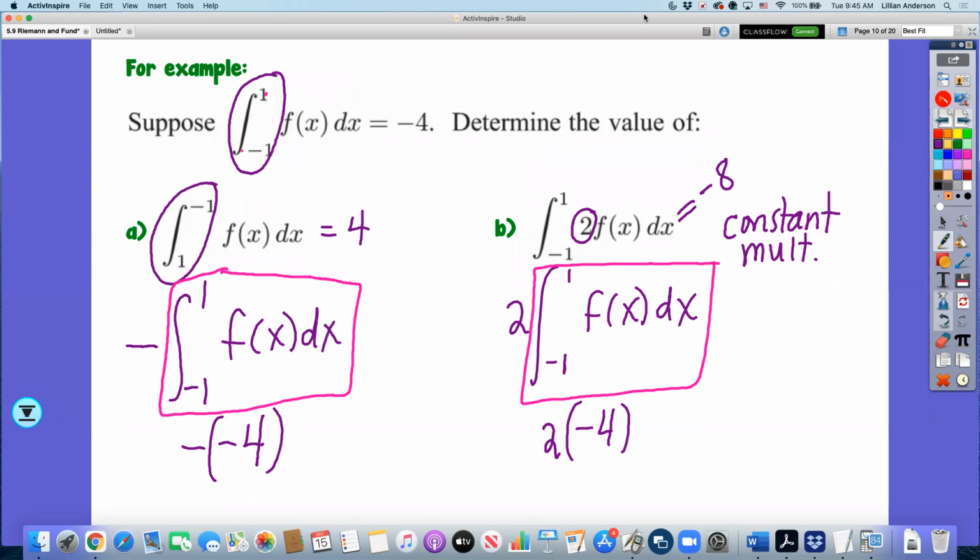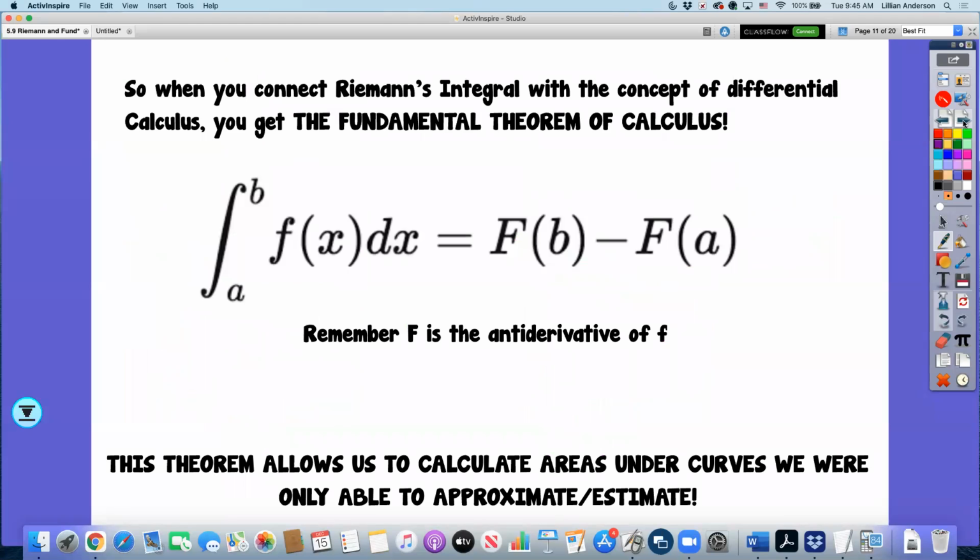We're getting there. Now, the part that I was looking forward to getting to is called the fundamental theorem of calculus. This is when you connect Riemann's integral, the definite integral, and differential calculus, which we did before we got into integration. This theorem allows you to calculate the area under curves exactly.